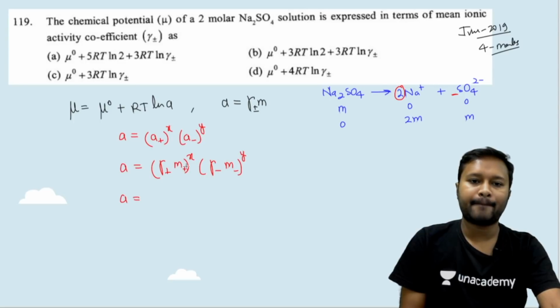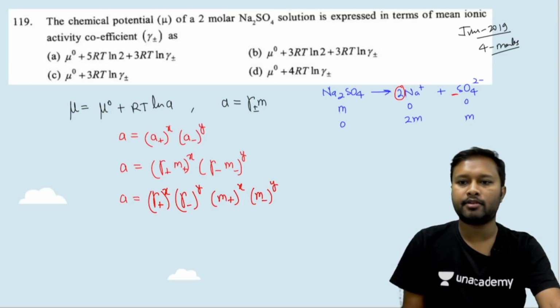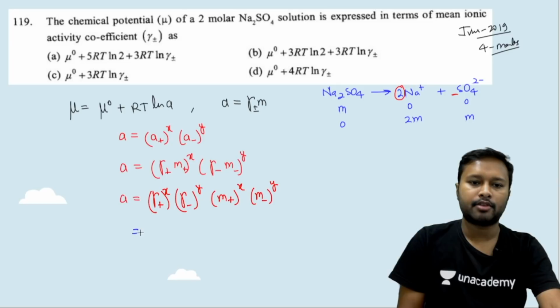Here m plus is the number of moles of your cations, m minus is the number of moles of anions. Now if I write it down like this, I can write gamma plus to the power x and gamma minus to the power y, and then m plus to the power x and m minus to the power y. Now I am going to substitute the values. So it is going to be like gamma plus and gamma minus.